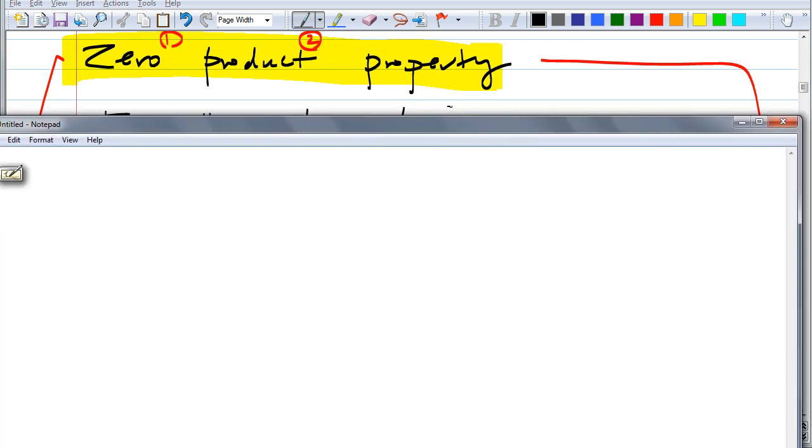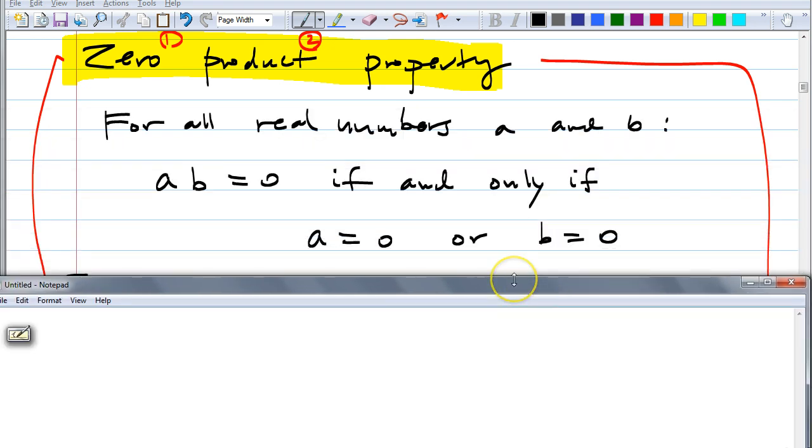And this is pretty easy. What do you think this zero product property says? If A times B equals 0, guess what? A has to be 0 or B has to be 0. That's exactly what we just did, right? So there's a name for this property. When you're solving equations that are not linear, like x to the second power, x to the third, and so forth, you need to use this property called the zero product property.